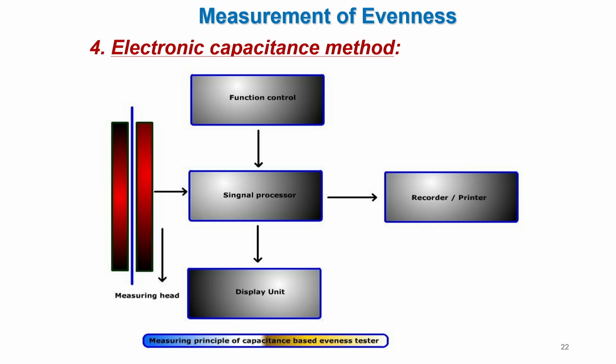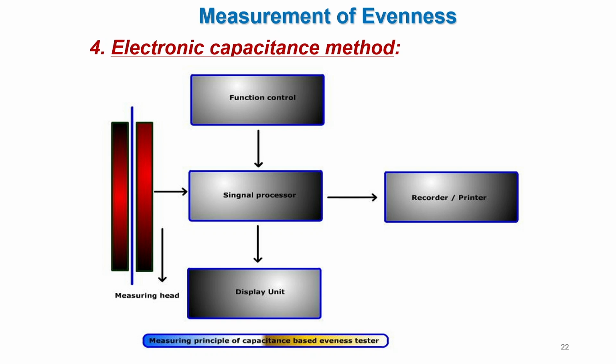Now, how to measure? There are different methods of measurement. Okay. Earlier there was the mechanical method or optical method. But the most popular method is the capacitance type method.